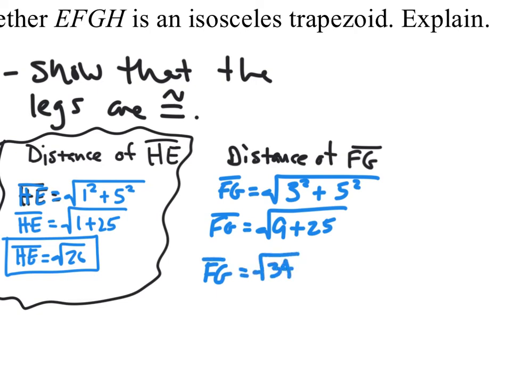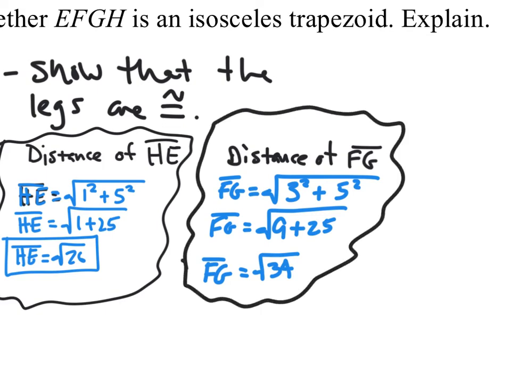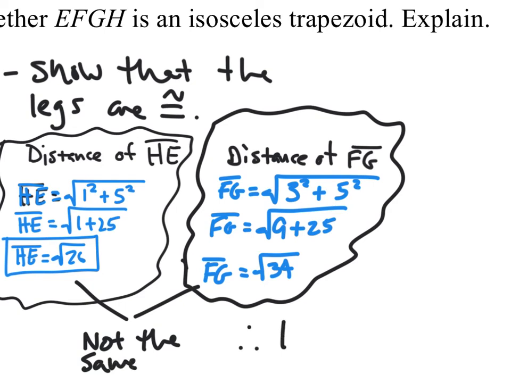So what we can conclude here is that these two segments are not the same. Therefore we can conclude that the legs are not congruent.